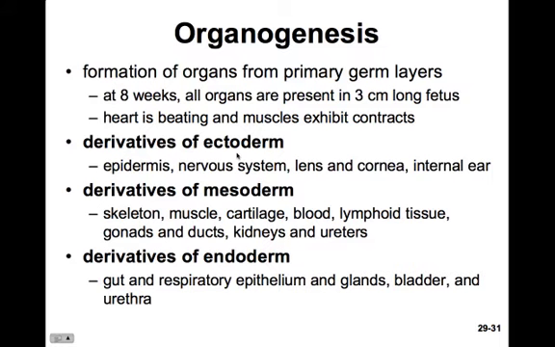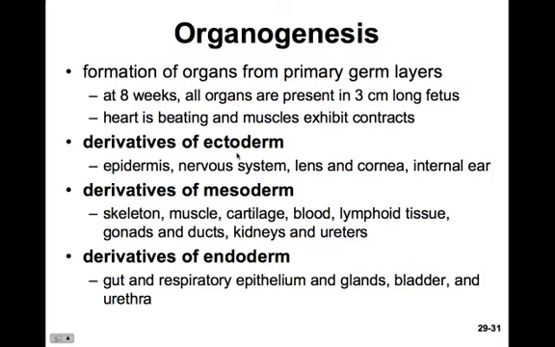The ectoderm will give rise to the epidermis, the nervous system, the lens, and the cornea, as well as the internal ear. The mesoderm gives rise to the skeleton, muscle, cartilage, blood, lymphoid tissue, gonads and ducts, as well as the kidneys and ureters.